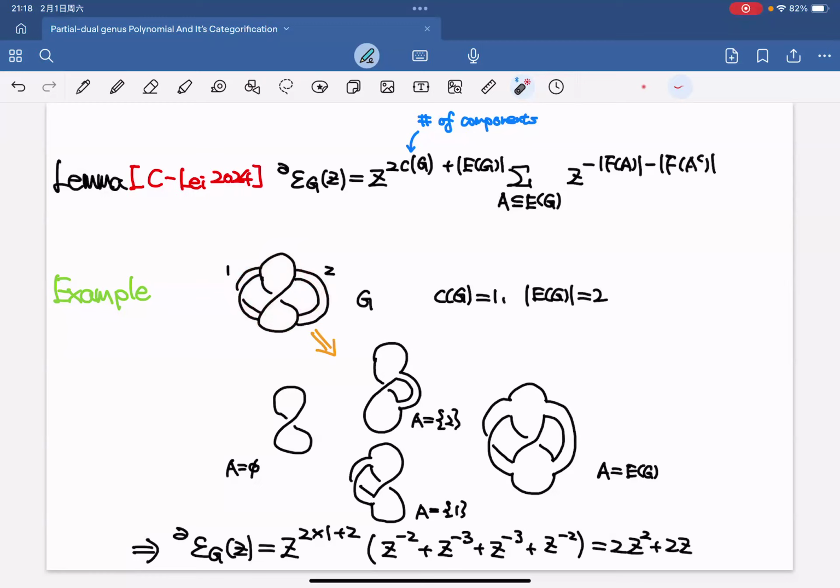So by using this result, if we want to calculate the partial dual genus polynomial, then we can consider all the subsets of the set of edges. It means the empty set, {1}, {2}, and the whole set. In this way, we can calculate that the partial dual genus polynomial of this ribbon graph is just 2z squared plus 2z.